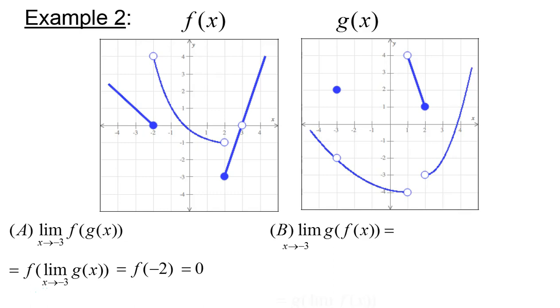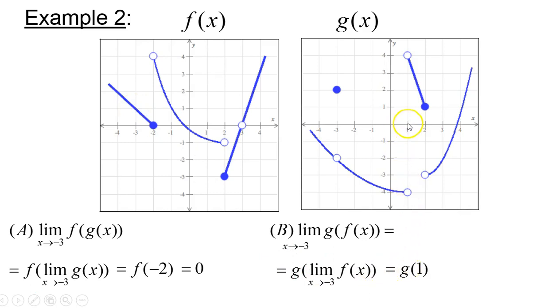So again, to evaluate this: limit of the inner, evaluate the function with the outer. So I'm going to take the limit at -3 of my inner function, f, and here we are at -3. The left limit and right limit seem to converge here at 1. So I'm taking g of 1.